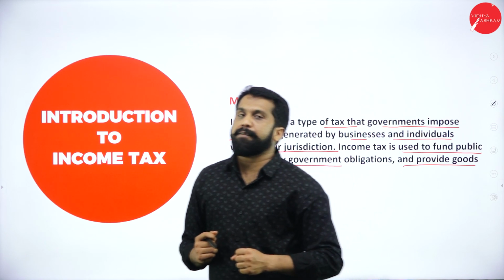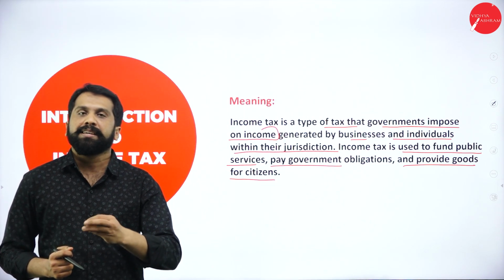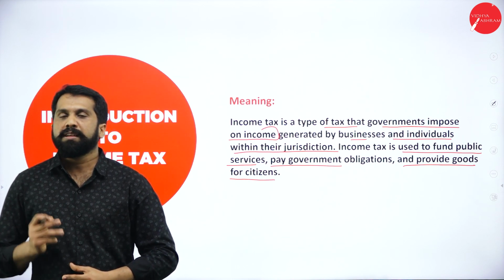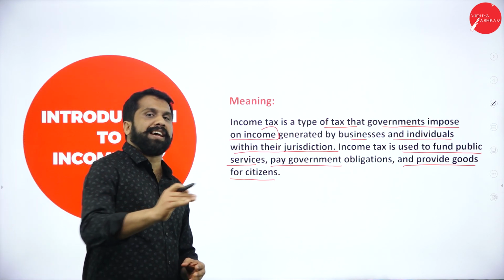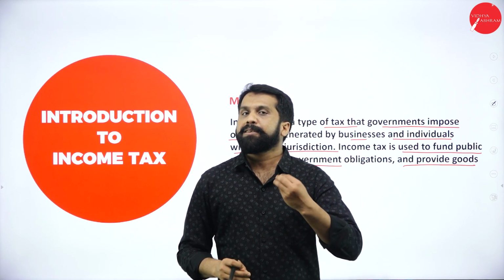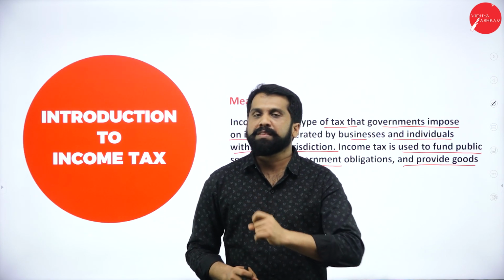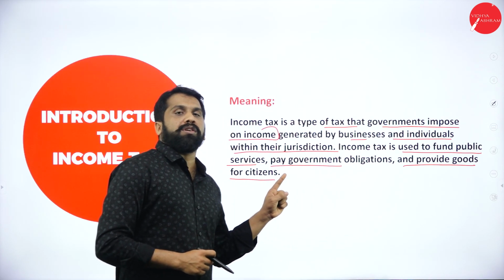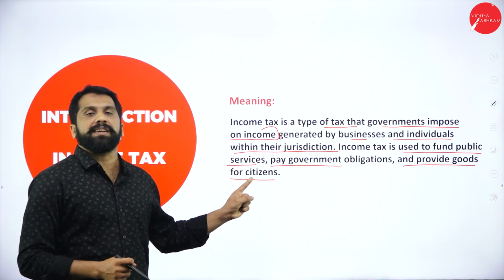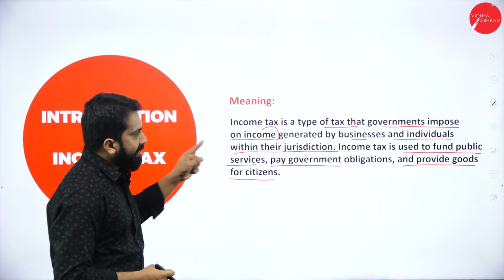And during the floods, government will give some compensation. If a flight crashed, the government will give 50 lakhs or 1 lakh as compensation. How will they give all this? Yes, with the help of whatever contribution or tax paid by us. That amount will be utilized for these things.